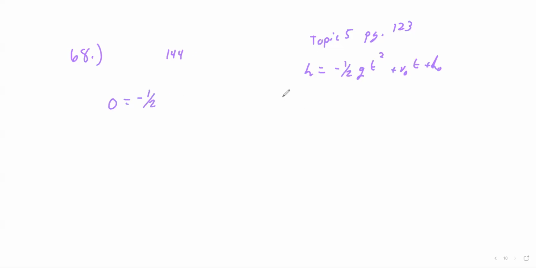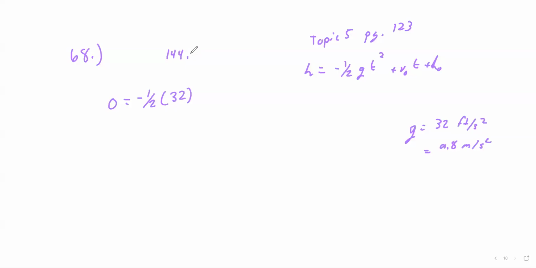For gravity, since it was given to us as feet, we need to use feet per second, so that's going to be the 32. Gravity is given to you as 32 feet per second squared and 9.8 meters per second squared.